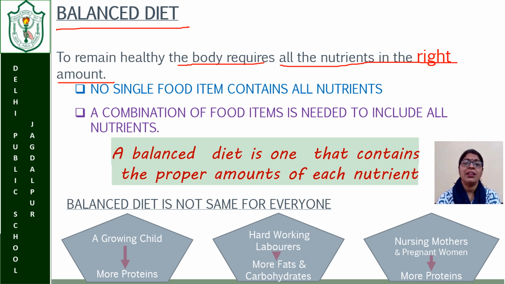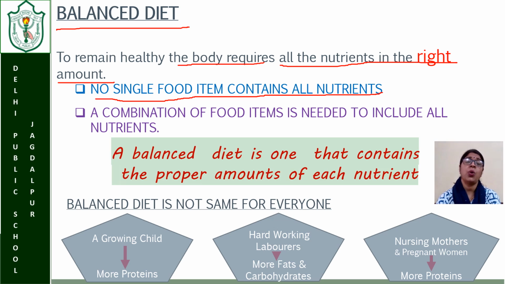To remain healthy, the body requires all the nutrients in the right amount. If you have a diet in which all the nutrients are present in the right amount, then it is called a balanced diet, because no single food item can contain all the nutrients.